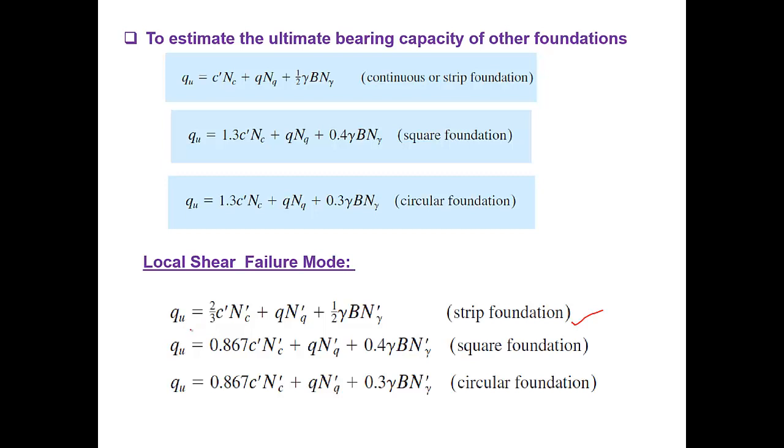They reduce it by 2 by 3, so around 66.6 percent. This is reduced 33% for the strip one. And for the other ones they multiply some other factors, similarly for square footing and circular footing, as you can see.